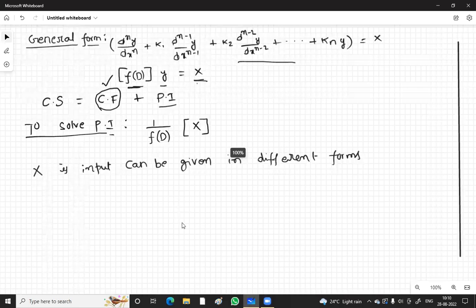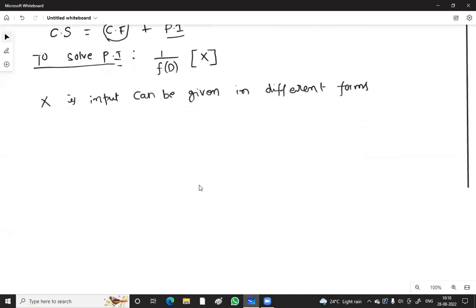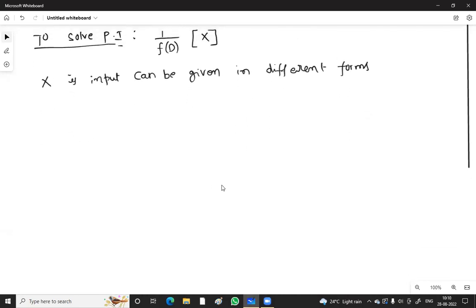So now we will see what are the possibilities of X. Now case 1 I am writing: capital X, the input, may be e power ax. It may be e power 3x, e power 4x, e power 5x, any form like that.